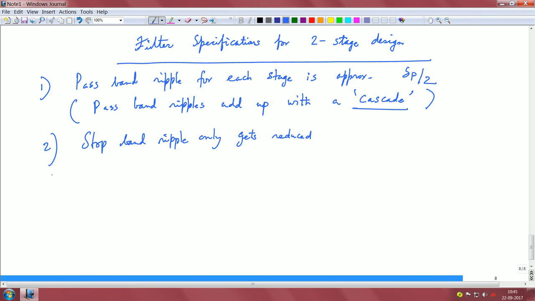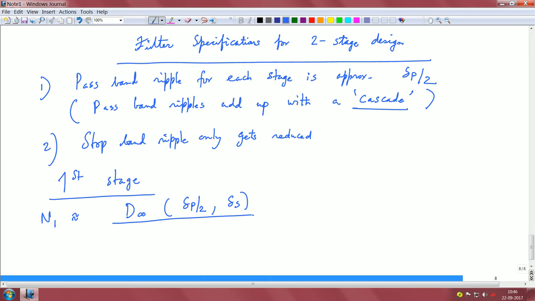Okay. Now, let us look at the first stage. So, for the first stage N1 is approximately d infinity of delta p upon 2 comma delta s, divided by, now the transition band delta f is now 150 minus 45 and your frequency at the input is 10 kilohertz.